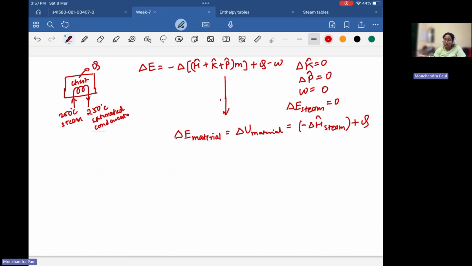So this is the final equation after adding in all the assumptions from the question.